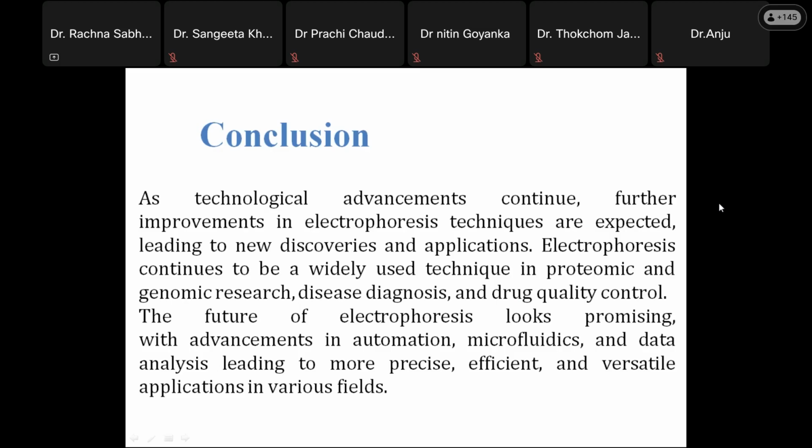It continues to be a widely used technique in proteomic and genomic research, disease diagnosis, and drug quality control. Advancement in automation and data analysis leads to more precise, efficient, and versatile applications in various fields.